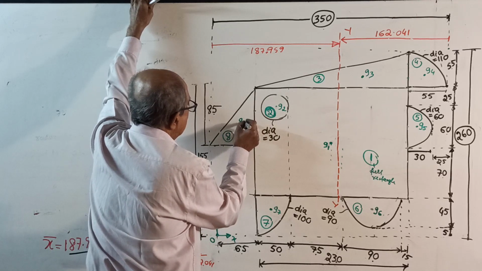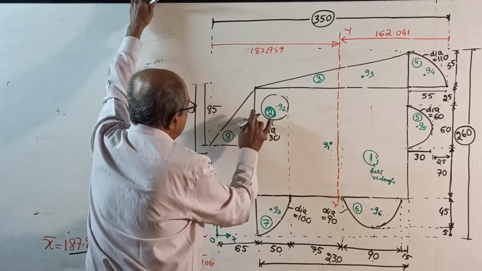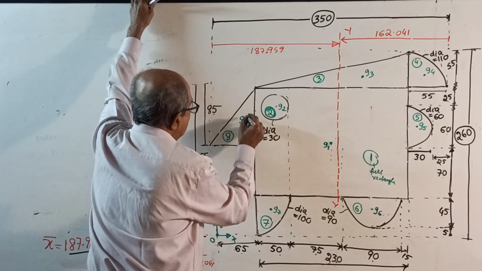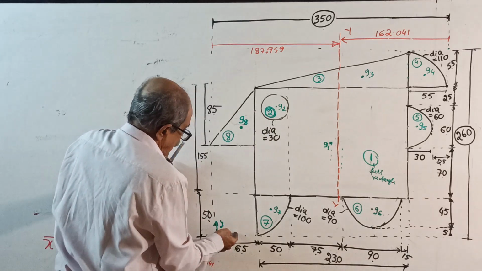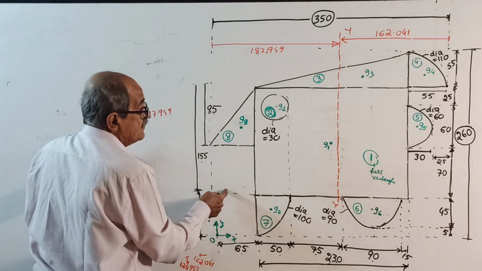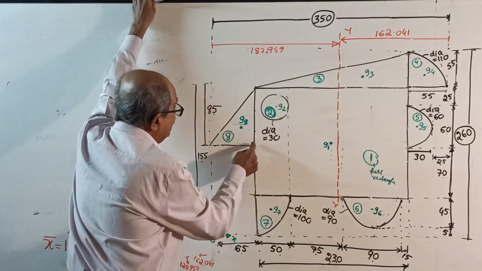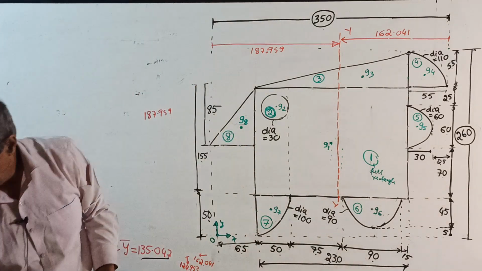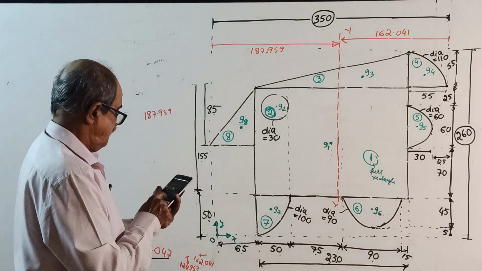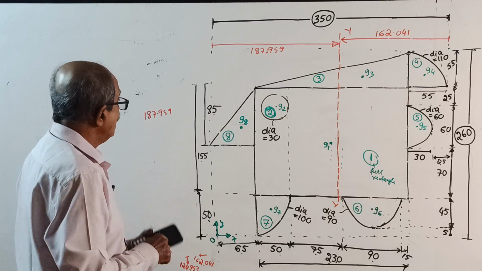G8. Okay, no problem. Anywhere I can write, G8. So, I told 50 plus 70 is 120. Furthermore, 50 plus 70 plus 1/3 of 85. 50 plus 70 plus 85 by 3 is 148.